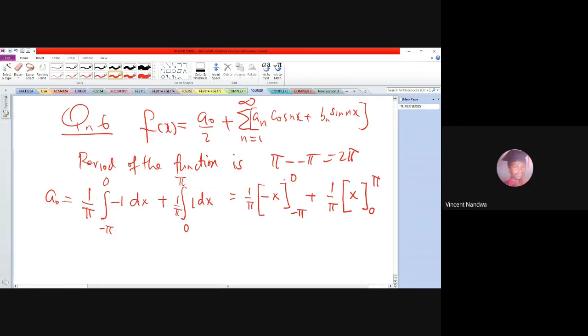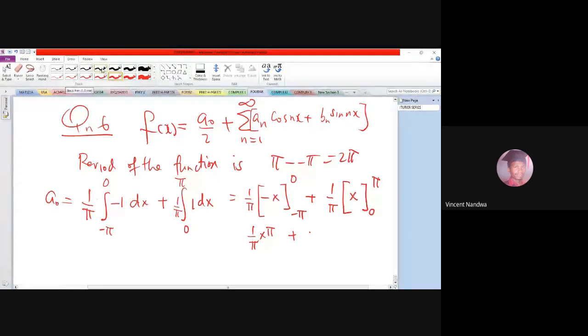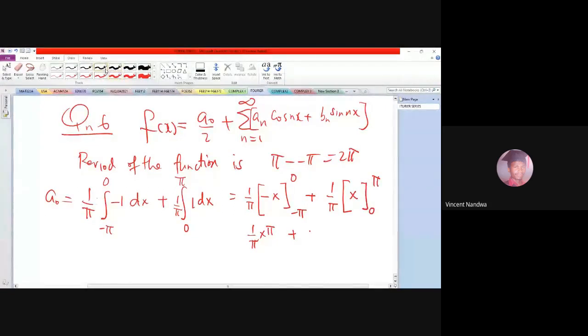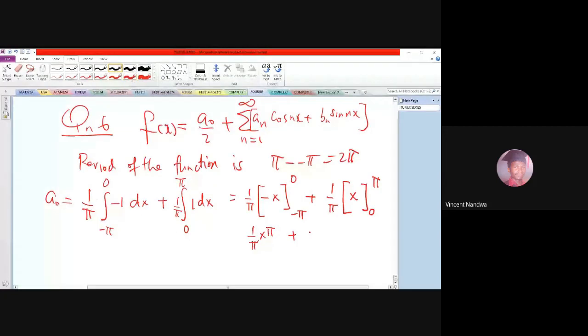So for the first part, the upper limit will be 0 and the lower limit will be minus pi. Let's put in the limits.